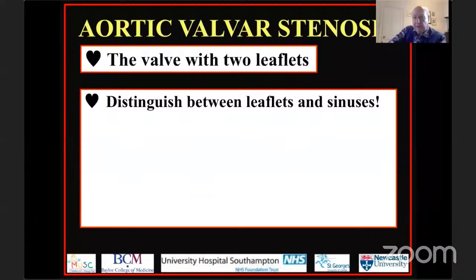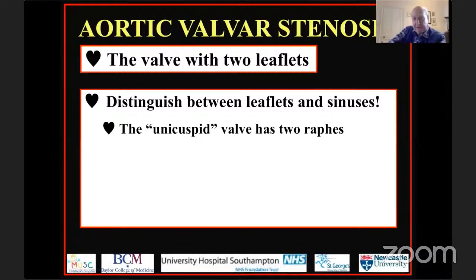Now, Diane will also be showing you the situation when the valve has two leaflets. And she's going to emphasize that we need to distinguish in this regard between what we call leaflets and what we call sinuses. And one of the problems that confronts us these days is that people indiscriminately use the word cusp. So I hope we won't be using cusp today. We're going to try and describe leaflets and sinuses.